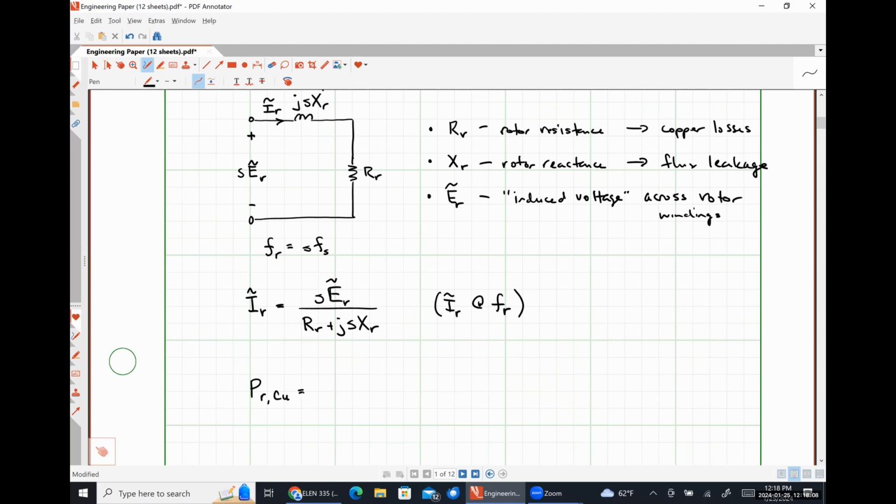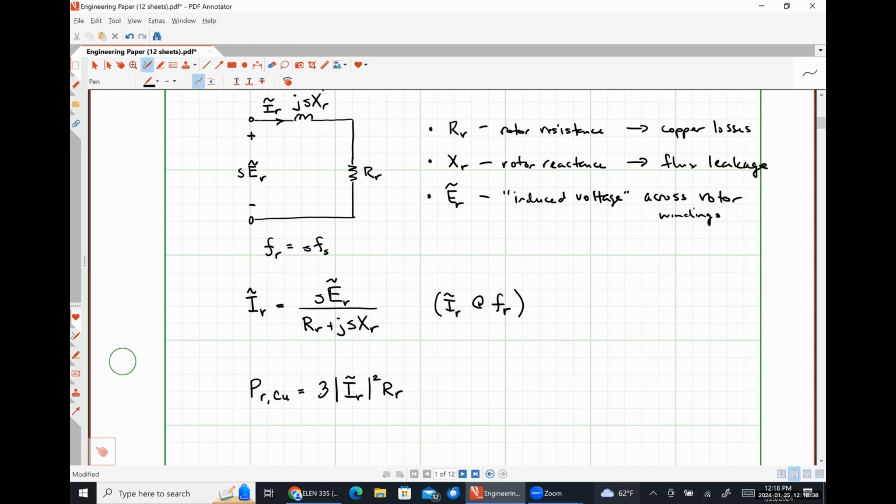So on a per phase basis, this should just be the magnitude of IR squared times the resistance of the windings. And I'm going to add this factor of 3 out front because we have a 3-phase system. So we're going to get 3 times as much losses because all 3 of the phases will add together.